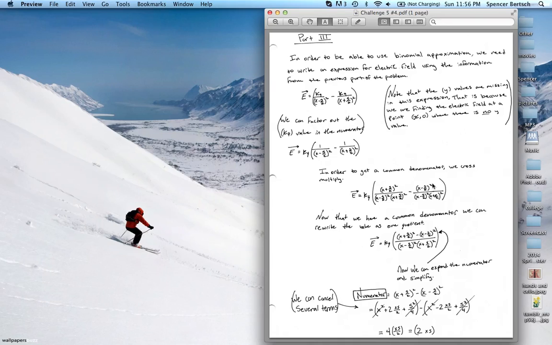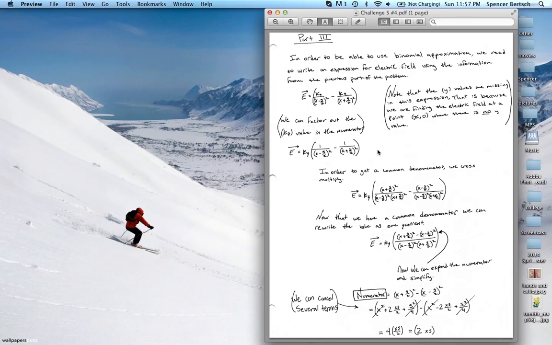And remember that the distance s is the separation between negative q and positive q, and x is the point that's really far away. So we needed to rearrange the expression so that we could use binomial approximation to come up with an expression for the electric field of x if it was very, very far away from the dipole.